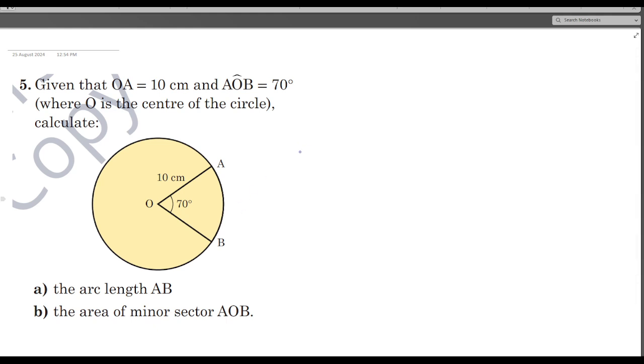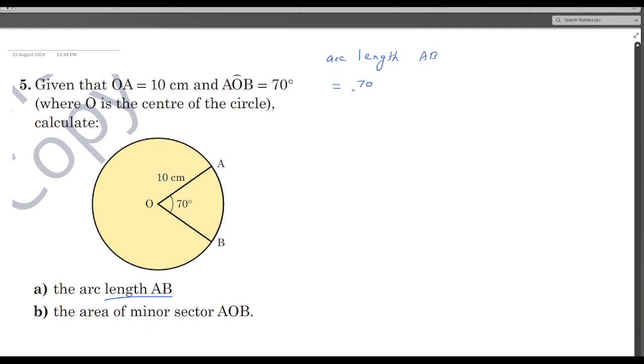Okay, so arc length AB will be equal to 70 divided by 360, the fraction of angle at the center, times your 2 pi r. Okay, so 70 divided by 360 into 2 pi r, where r is 10 centimeter.